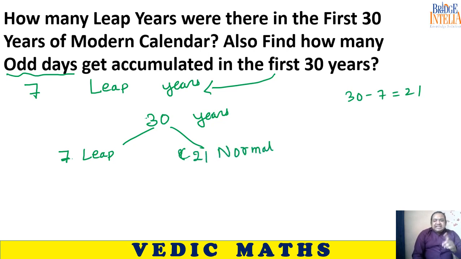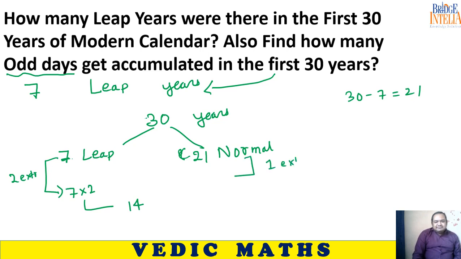How many extra days will get generated? One leap year generates 2 extra days, so 7 into 2, 14 extra days. And one normal year generates 1 extra day, so 21 into 1 is 21. So 14 plus 21 is equal to 35. 35 extra days.